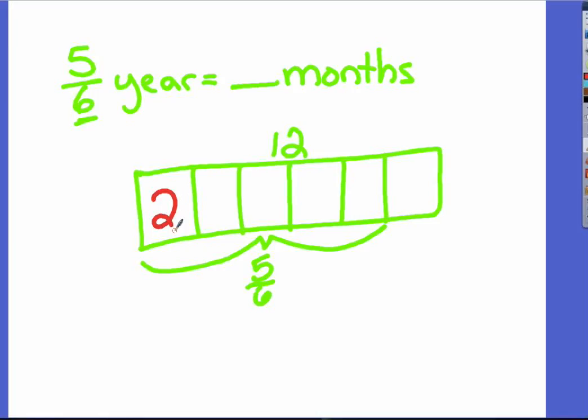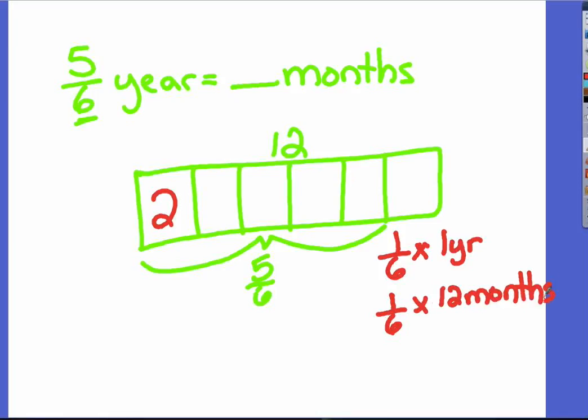So on your paper below, you're going to write 1/6 times 1 year is the same as 1/6 times 12 months, so 1/6 equals 2.